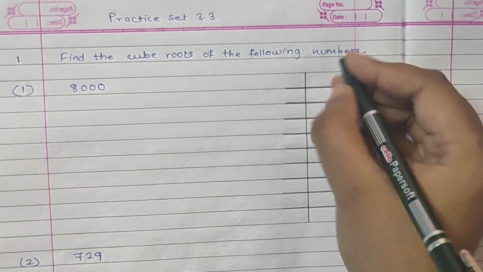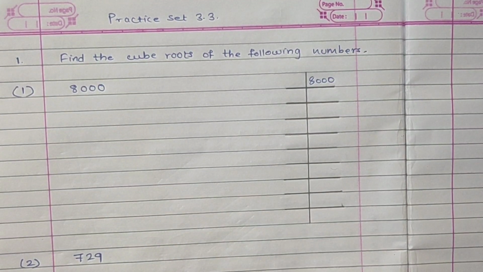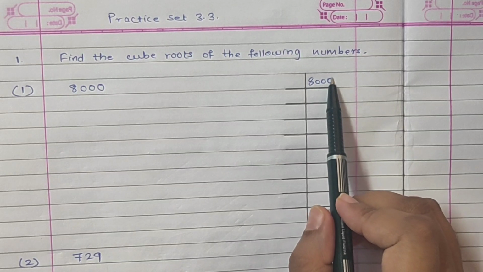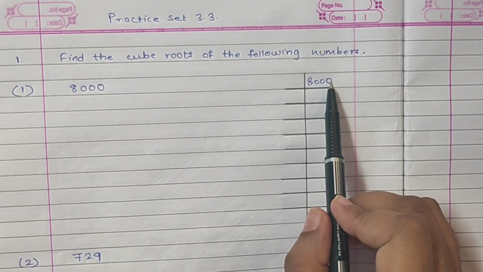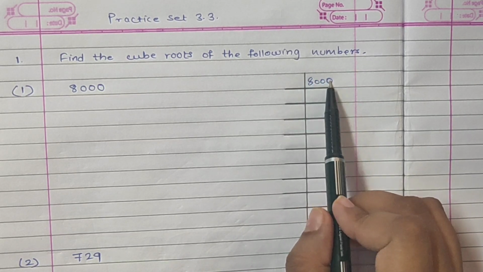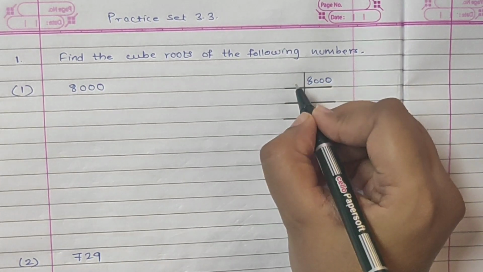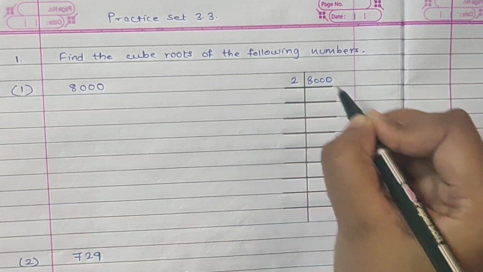You will write 8000 here. We know that if 0 or 2 or a number divisible by 2 is the last digit, then the whole number will be divisible by 2. So you will write 2 here.